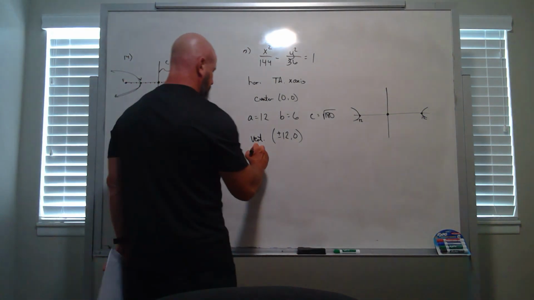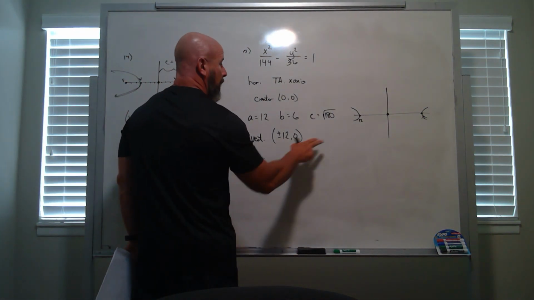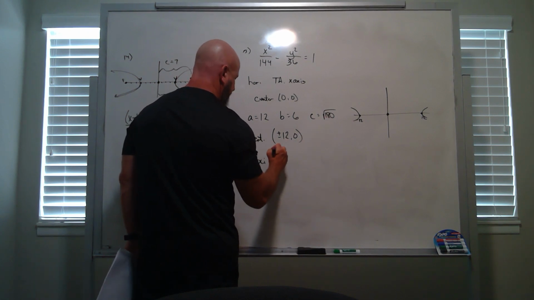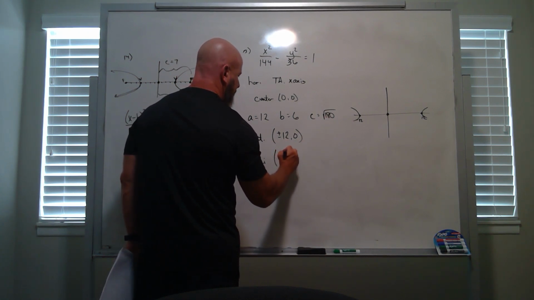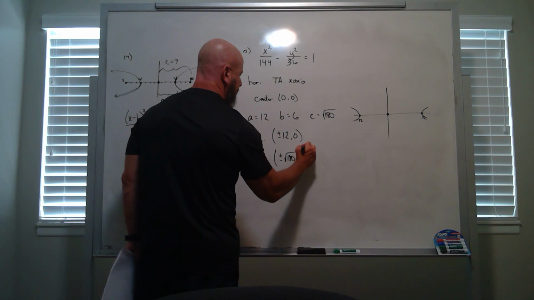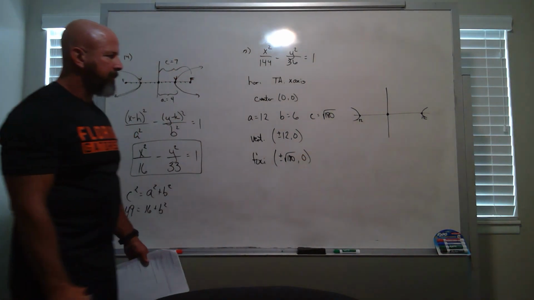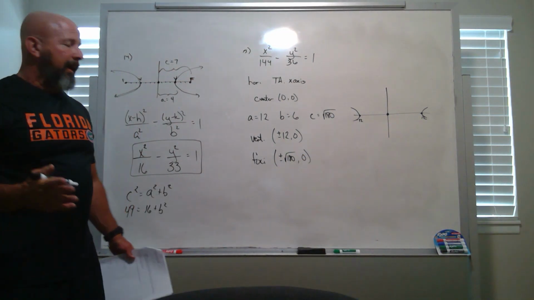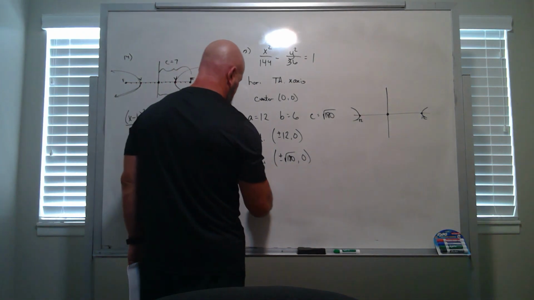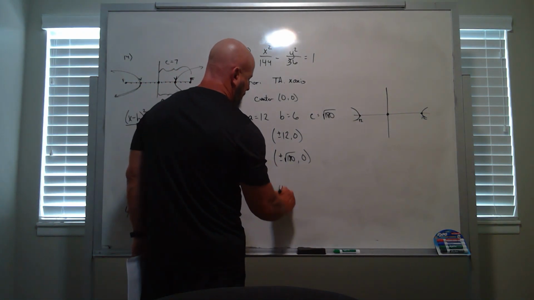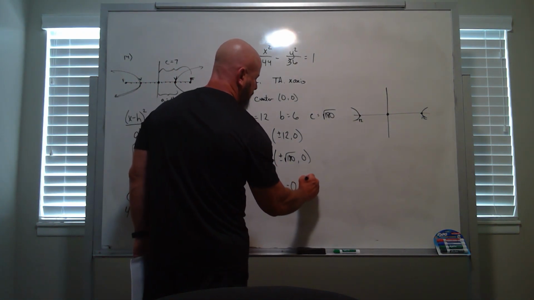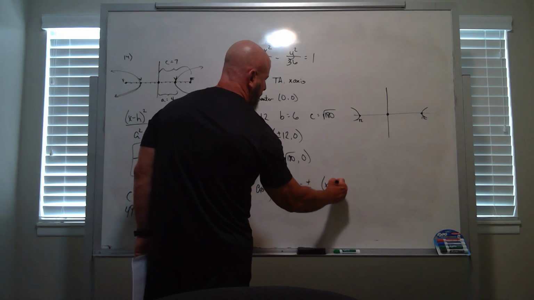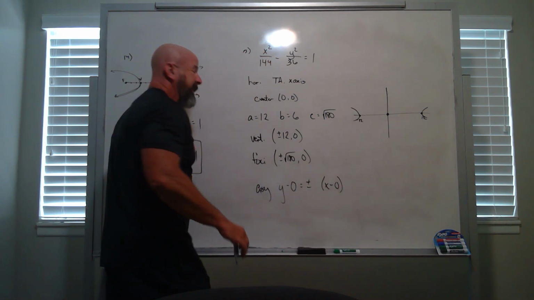Foci, root 180, or its decimal or simplified radical from the center. So root 180 comma 0, going left and right of center. Asymptotes. y minus 0 equals plus or minus something, x minus 0. I don't really need the zeros.